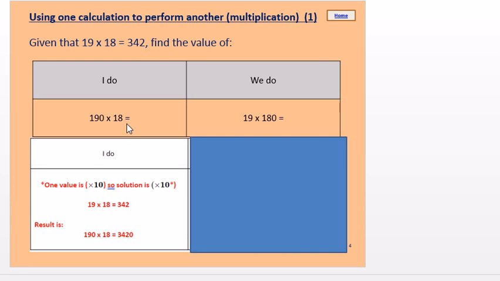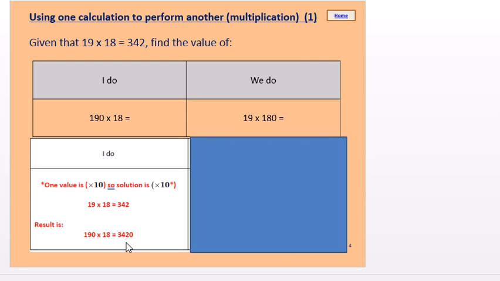So our answer to this calculation will be 10 times bigger than 342 because the 190 is 10 times bigger. So 342 times 10 gives me 3,420.